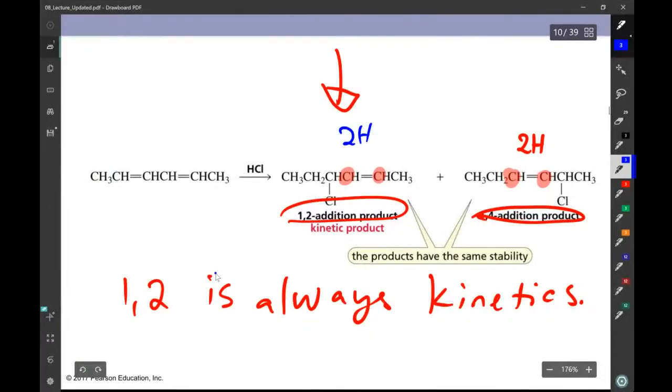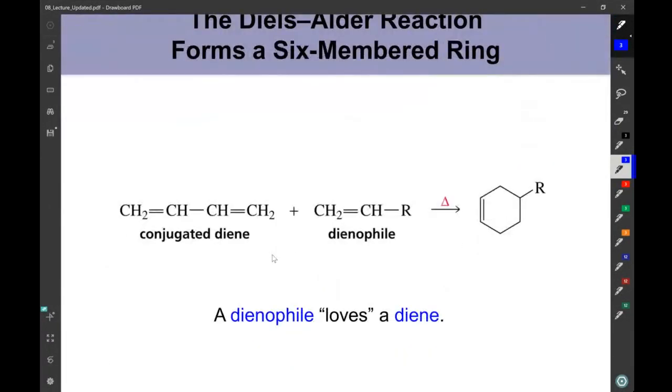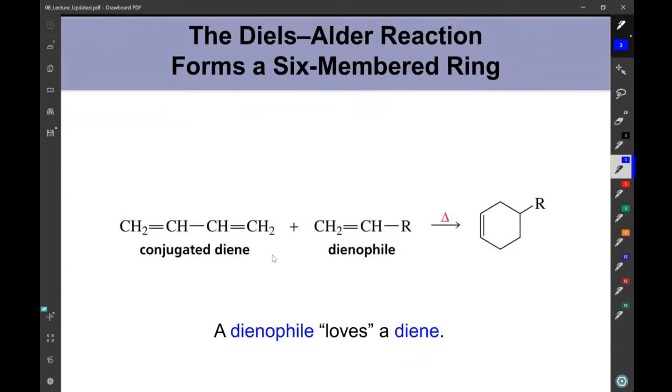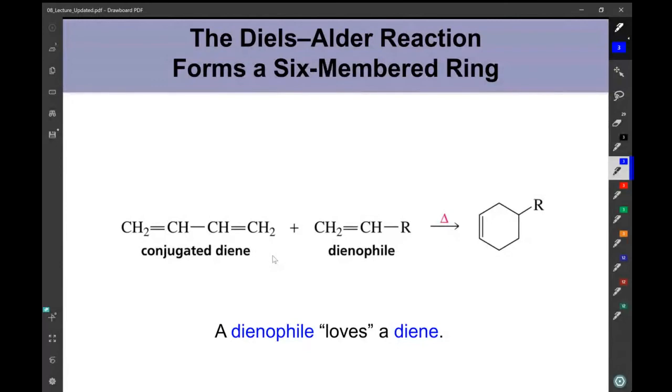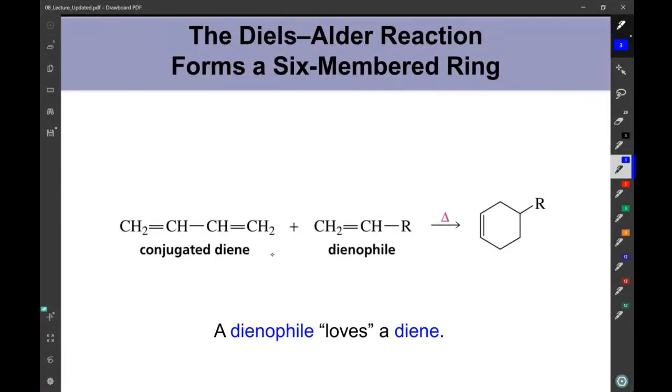So with that, we are done with thermodynamics versus kinetics. We're moving into a completely different type of reaction called a Diels-Alder reaction. In a Diels-Alder reaction, it's a reaction between a conjugated system. You remember what a conjugated system is: alternation of double, single, double bond. That's what we call a conjugated system.